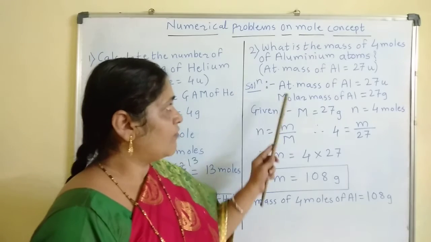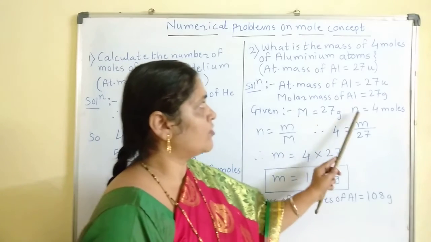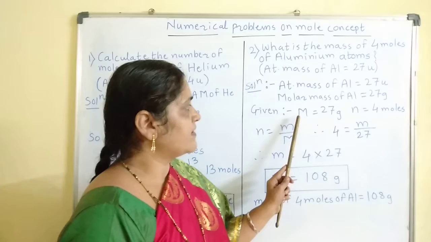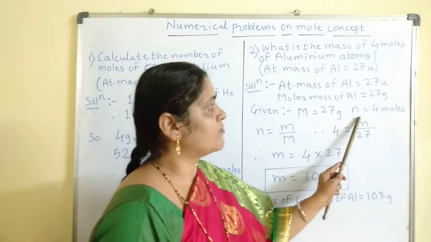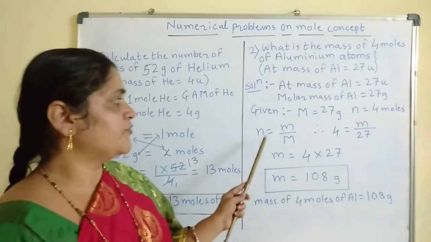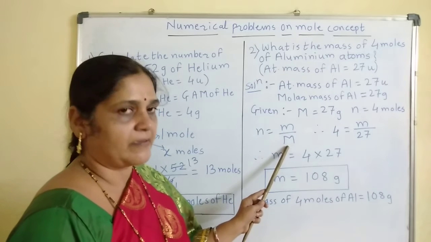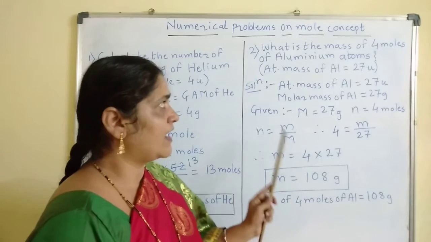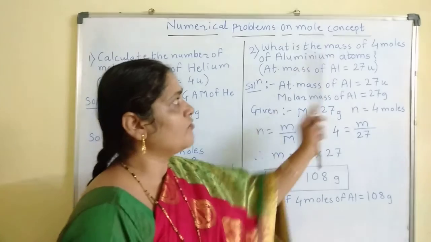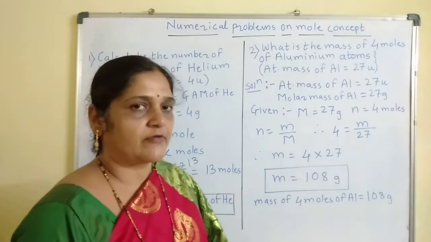Now whatever quantities are given: molar mass of aluminium is 27 gram, number of moles of aluminium is 4 moles. Here we use the formula small n is equal to small m upon capital M. As we have to calculate the mass of aluminium atoms in 4 moles, small m we have to calculate.